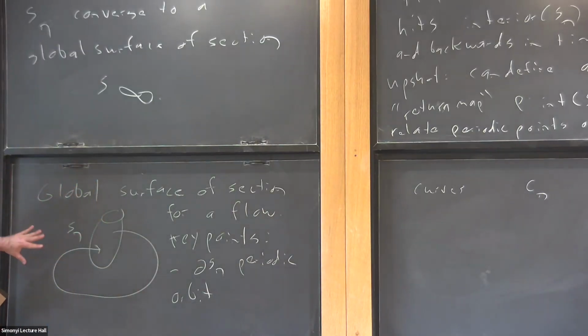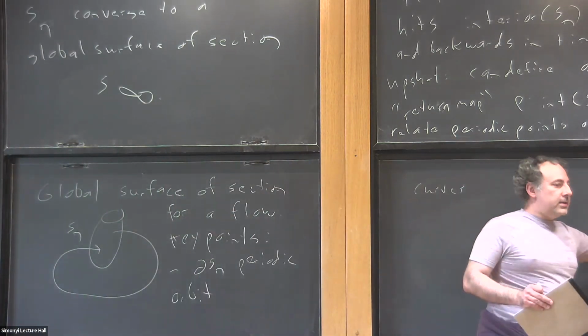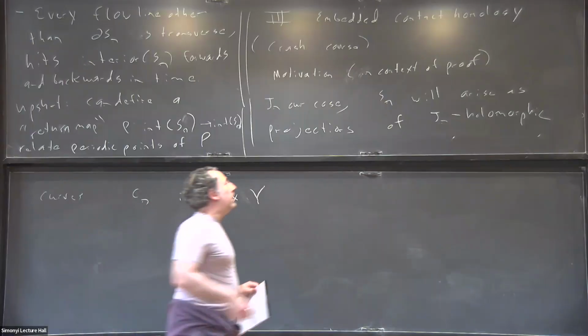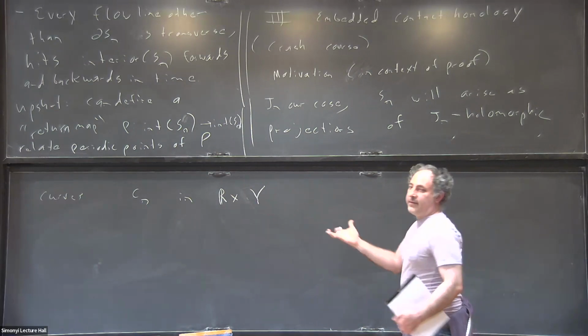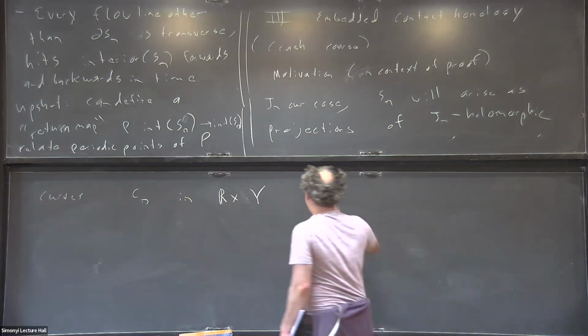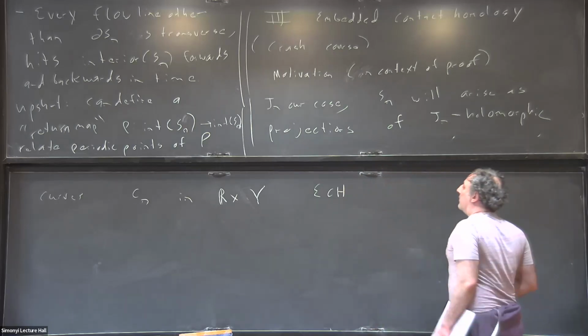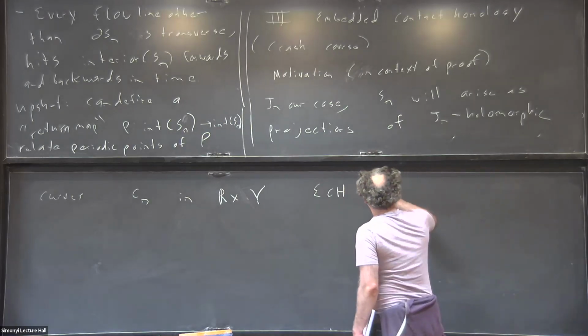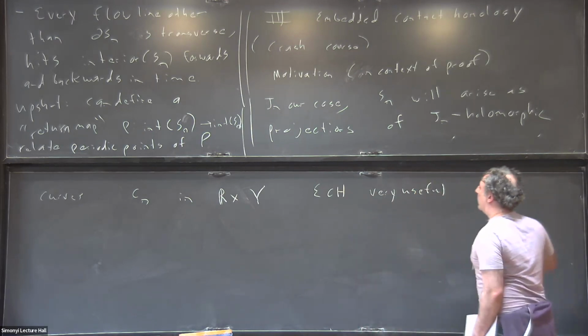I'm saying that these S_n, they're living in the 3-manifold, but to actually find them, it turns out to be quite helpful to instead find some J-holomorphic curve in this 4-manifold and then just project it down to Y. And this ECH is going to be like a factory for us to help us find such curves. So ECH is really useful for finding appropriate curves.